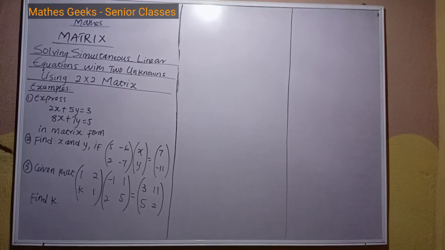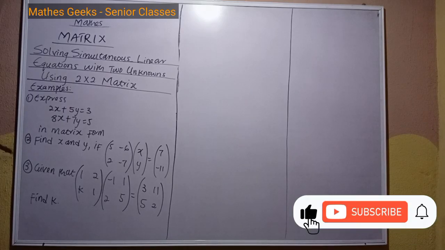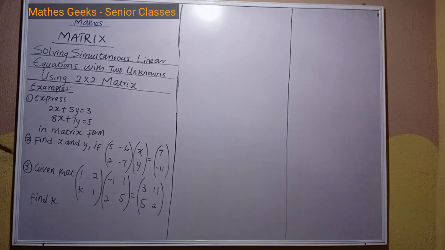In this video, we're going to learn how to solve simultaneous linear equations with two unknowns using 2 by 2 matrices. Actually, this is not the only way simultaneous linear equations with two unknowns are solved using 2 by 2 matrices. There's another method known as the inverse method.